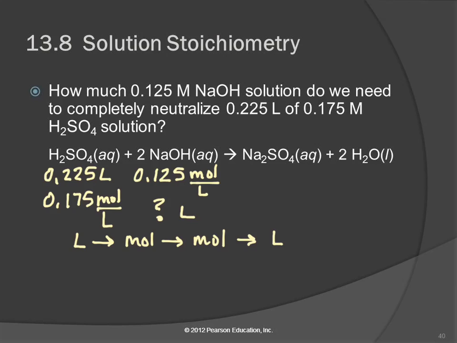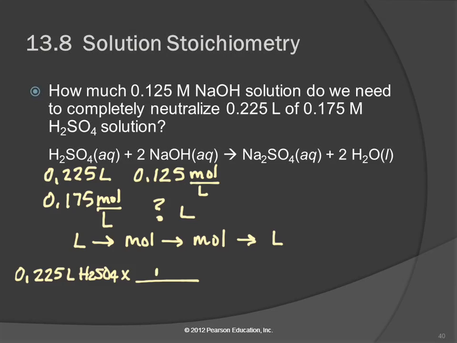So the volume that we're starting with is the only volume we were given. It's 0.225 liters. Liters of what? Well, liters of sulfuric acid. And it's important to put what it is in there because you don't want to get your moles upside down.